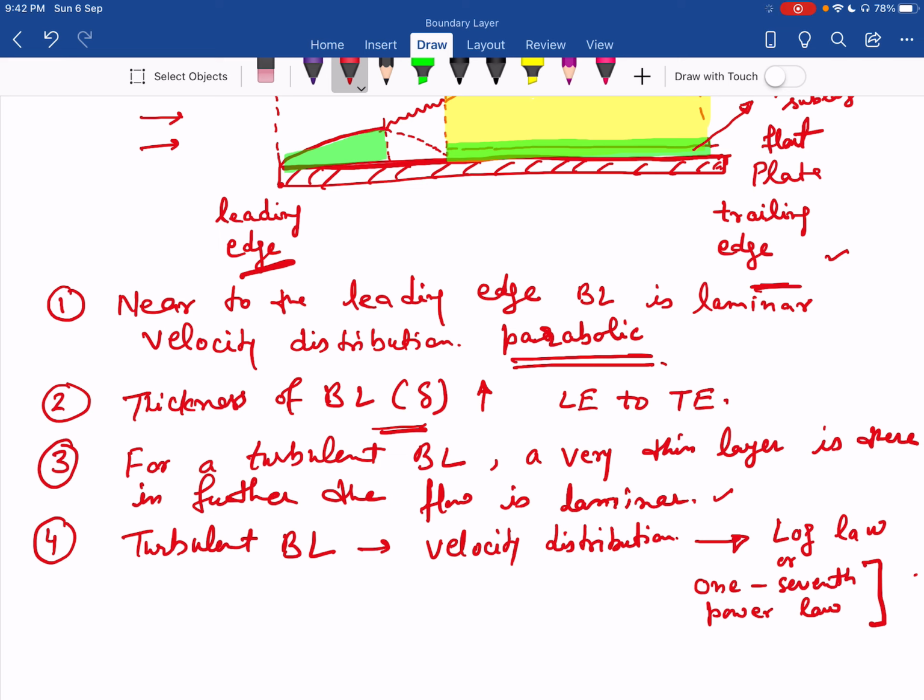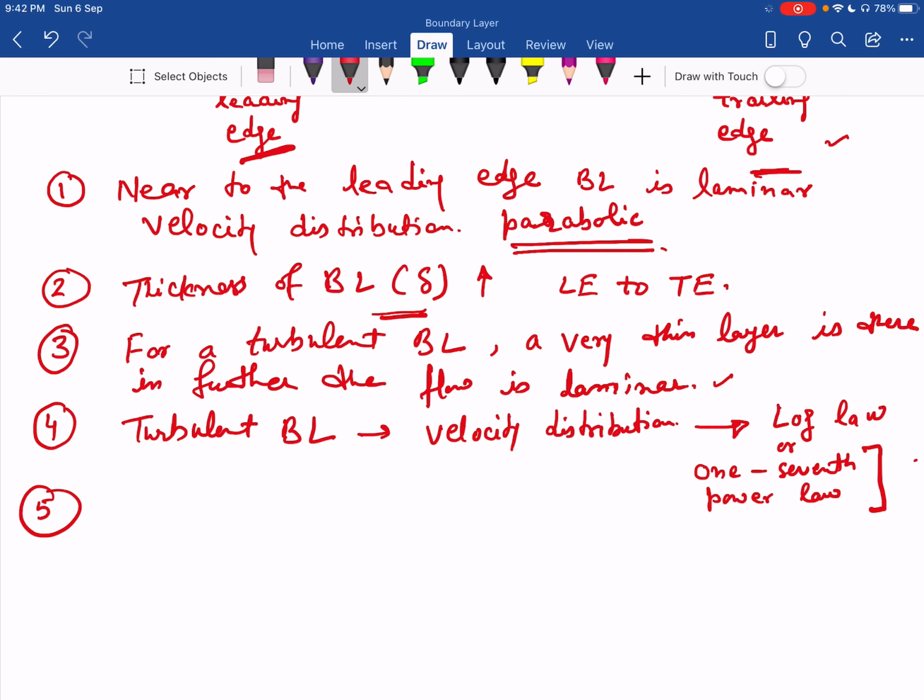Another point you can note here: delta. This delta increases as we move from leading edge to trailing edge. However, this delta decreases when we increase the value of u.